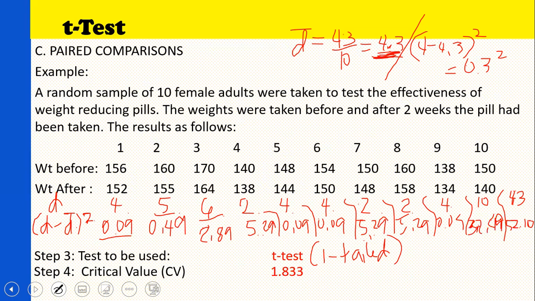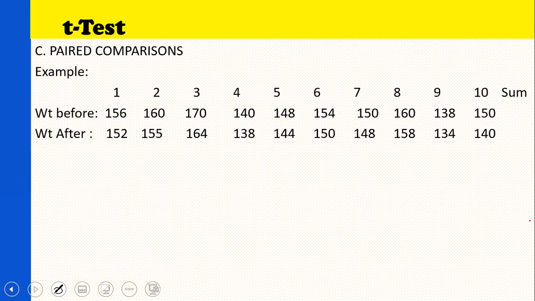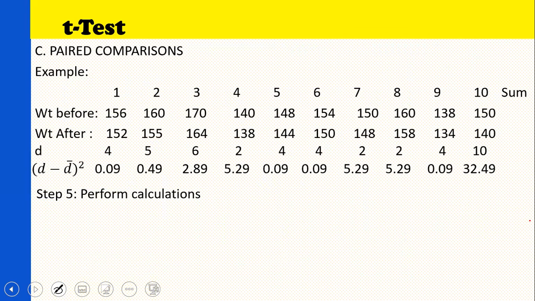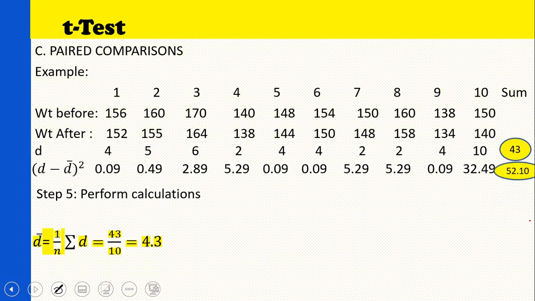And we already have the critical value of 1.83, using the t-distribution table. So we're done with the following values. We have 43 as the sum, and the mean is 4.3 as computed a while ago, and we have 52.10 as the sum of the squares.